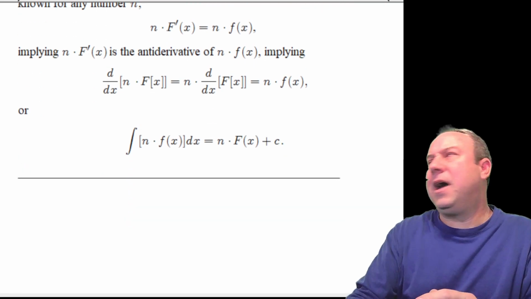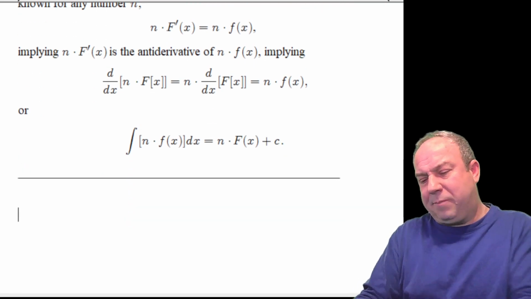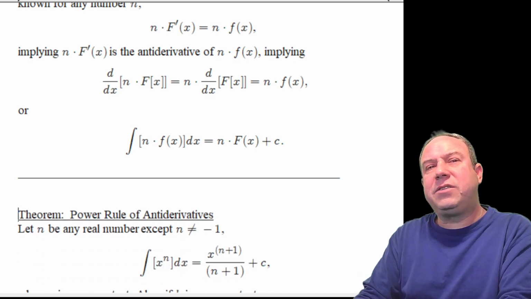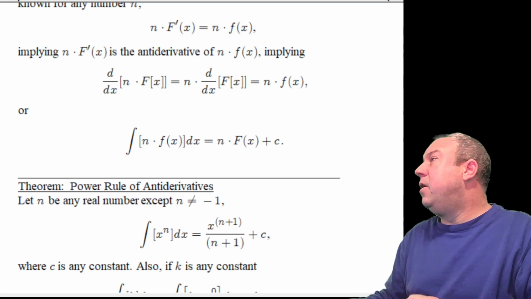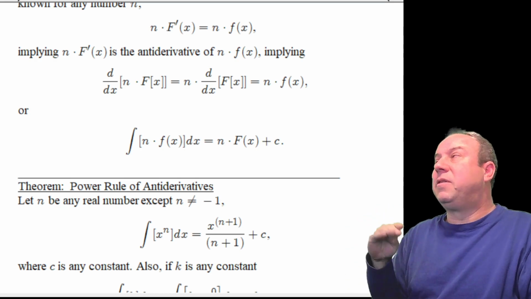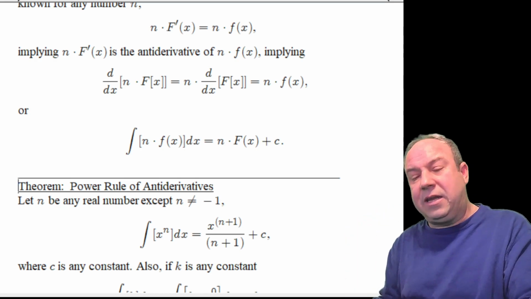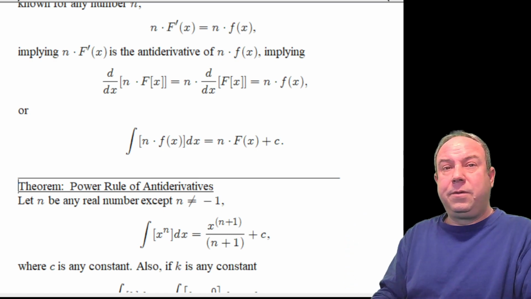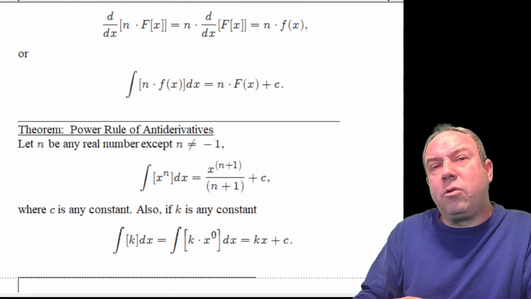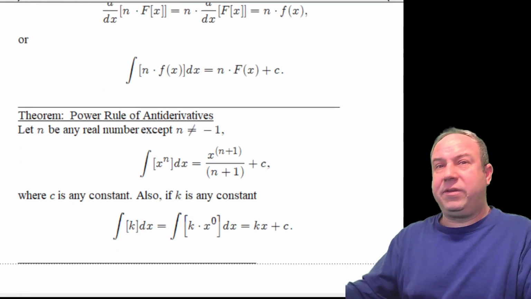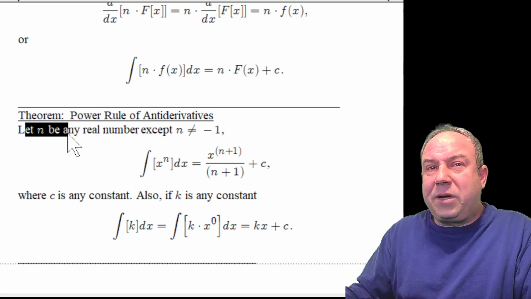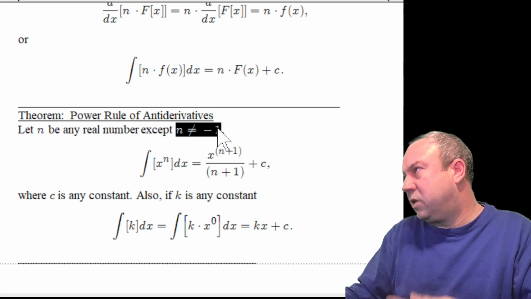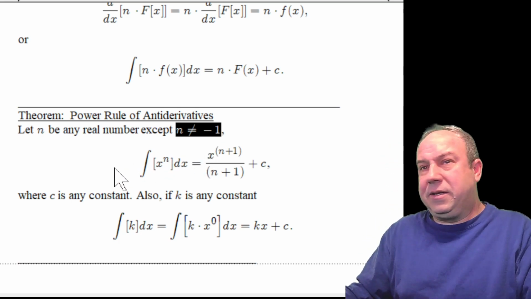All right. Again, we're not going to see any examples of this yet until I show you this last theorem, which is going to give us all the techniques we have for being able to find the antiderivatives of any polynomial function. This third rule is called the power rule of antiderivatives, and it starts off by just saying let n be any real number, except n can't be -1, and we're going to see why here in a moment, right?